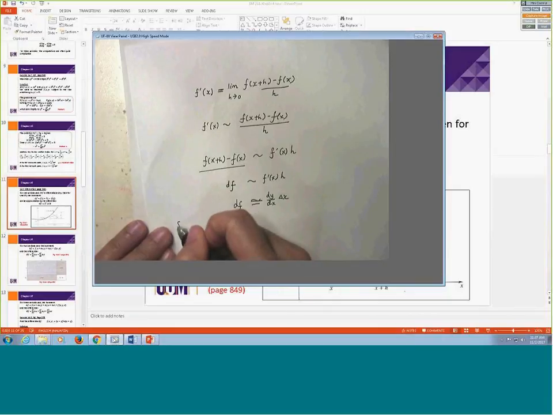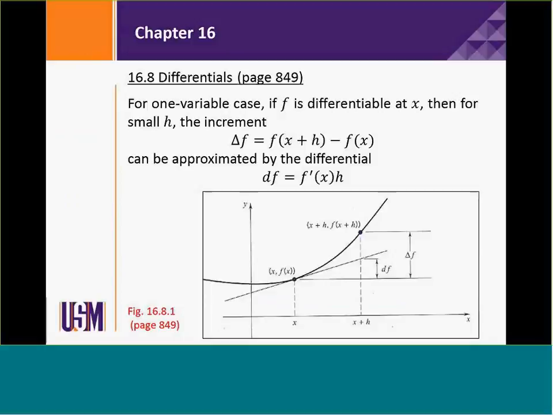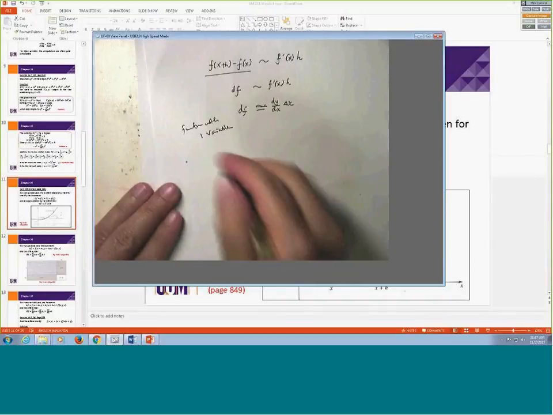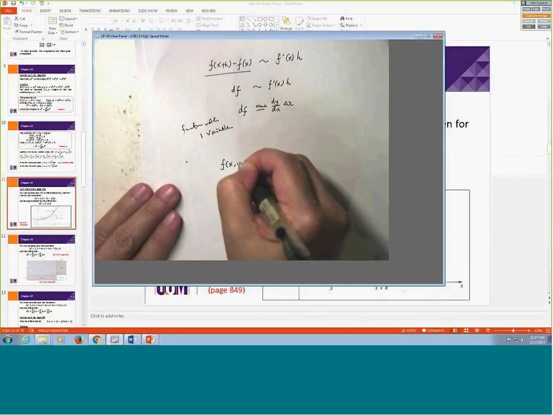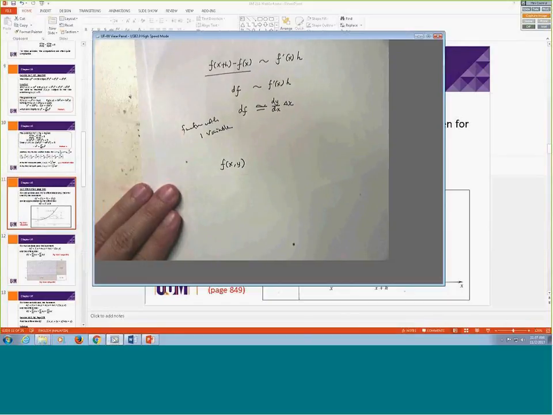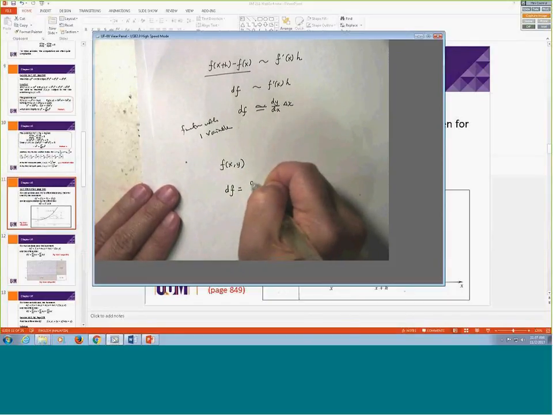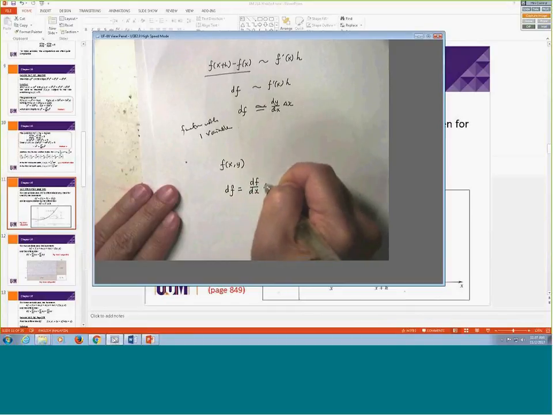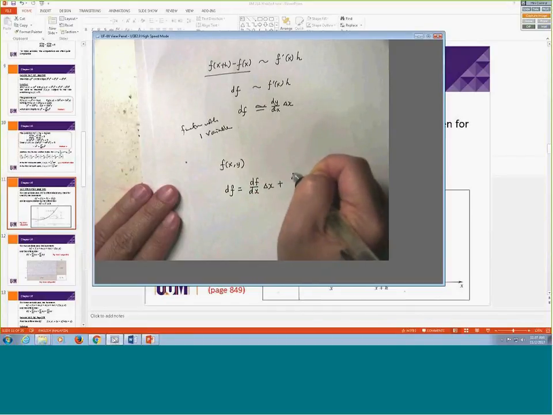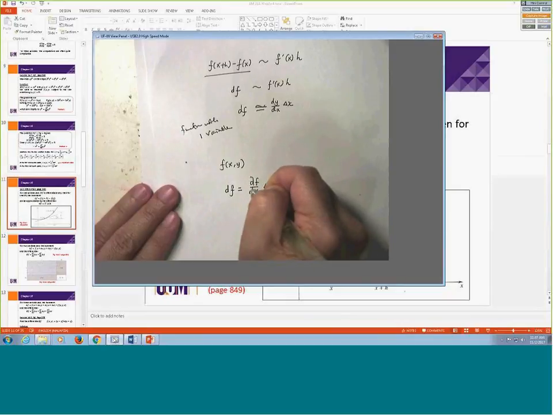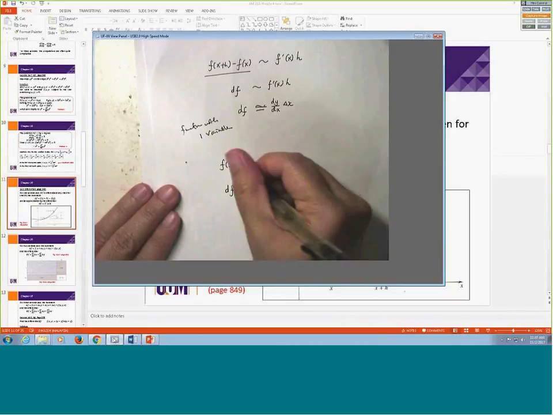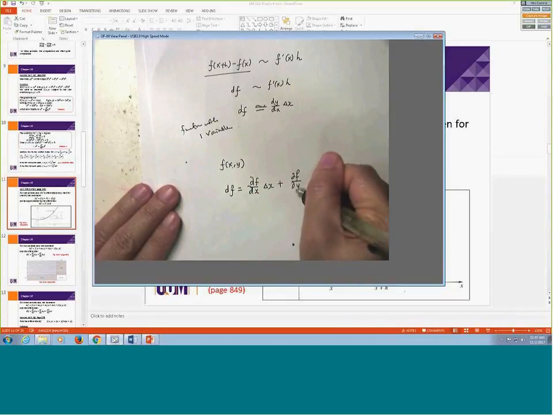If you have functions with two variables, then the total differential will be df equals del f del x delta x plus del f del y delta y.